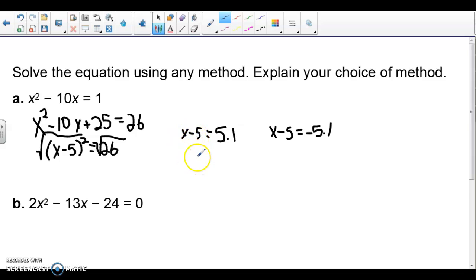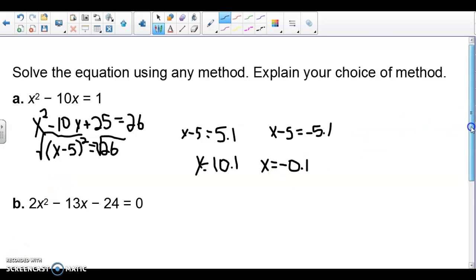We just isolate x on both sides here until we get x equals 10.1 and x equals negative 0.1. All right, and those are your two answers. So the reason that we chose to solve by completing the square is because our a value was 1 and our b value was even.